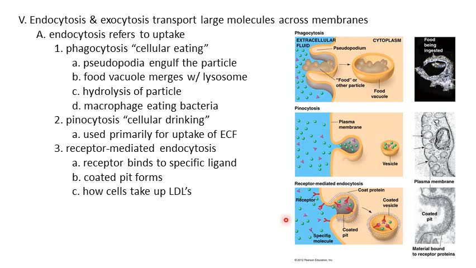Now, what's interesting about this particular example is that some people don't produce receptors for LDLs, and so they can't run receptor-mediated endocytosis for LDLs, and so their LDL levels remain elevated. And this is certainly the case in familial hypercholesterolemia, where individuals lack LDL receptors, and so they can't bring the LDLs into the cells.